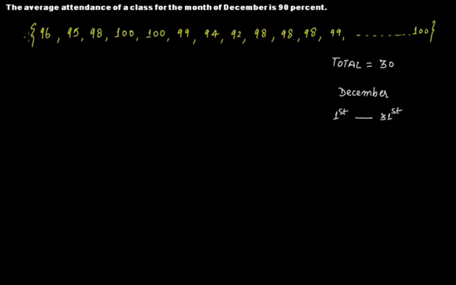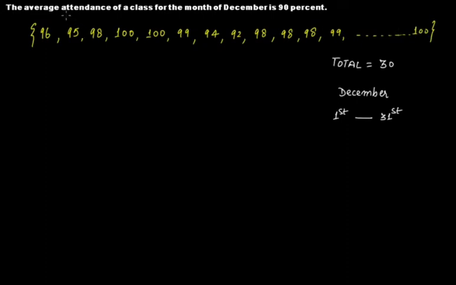We have represented the values of percent attendance for each day. Let's say this is for 1st December, this is for 2nd December, this is for 3rd December, and so on. This last value, that is 100%, is the attendance on 31st of December.